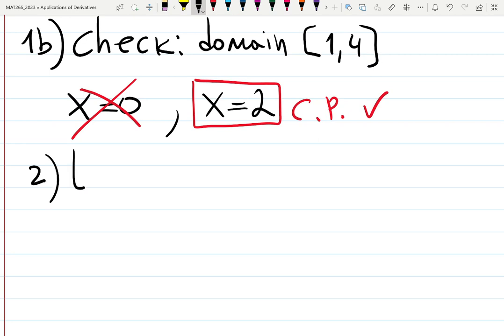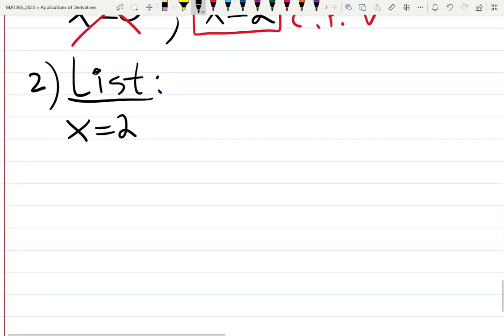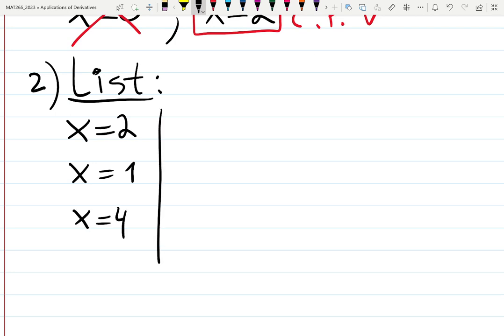Step 2, make a list. Make a list, plug it in, answer. That's it. The list is x equals 2, do not include 0. It will give you an answer, and you will include it as an answer, and it will be wrong. And then the domain endpoints, which are 1 and 4. Sometimes I like signing them, but you don't have to.